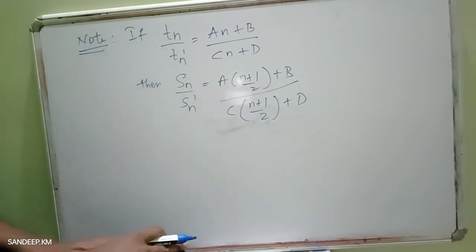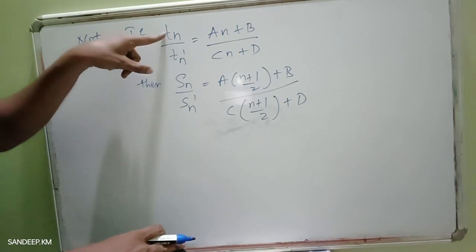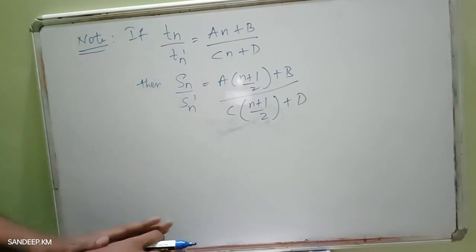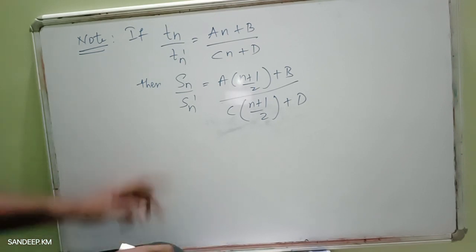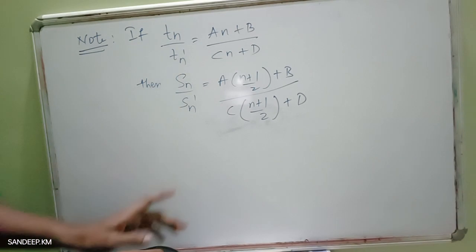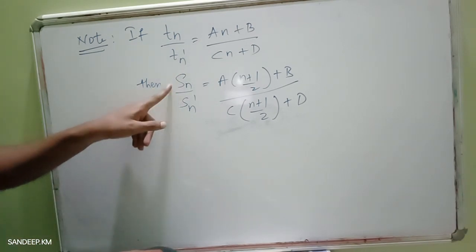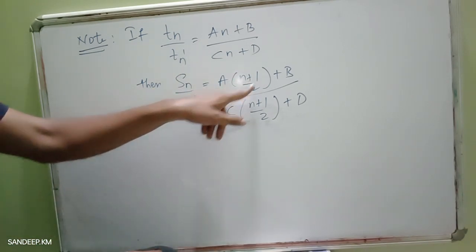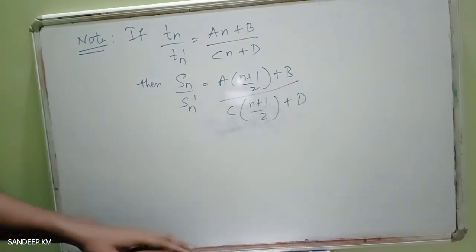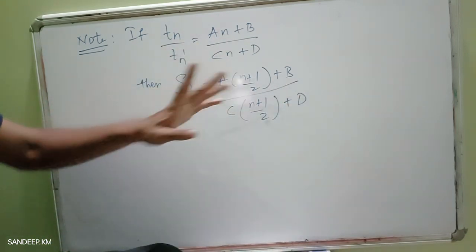But in this note, they have given us the ratio of nth terms, and we are supposed to find the ratio of sum of n terms. So what is it? If the ratio of nth terms is an plus b by cn plus d, then the ratio of sum of n terms is a into n plus 1 by 2 plus b by c into n plus 1 by 2 plus d. Very simple thing is, here n is replaced with n plus 1 by 2.